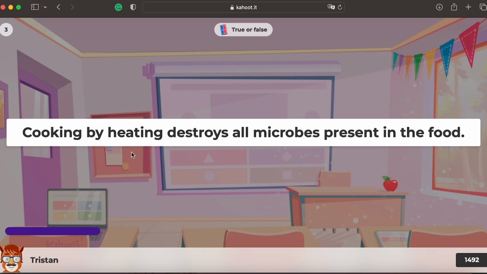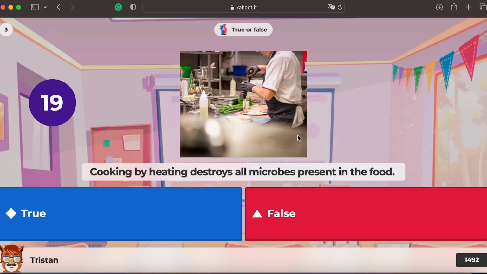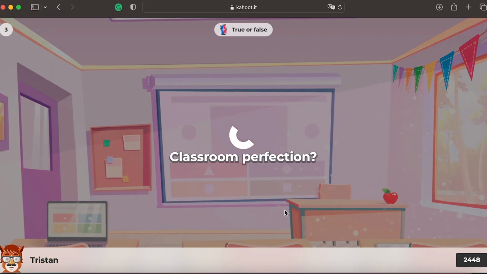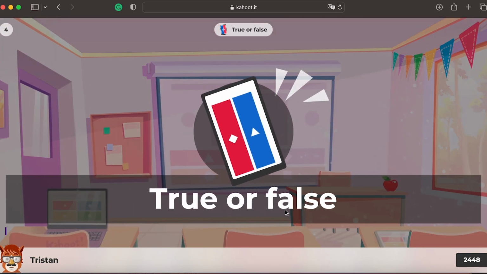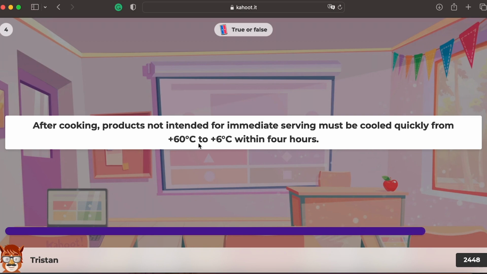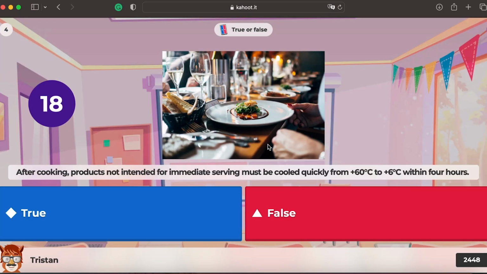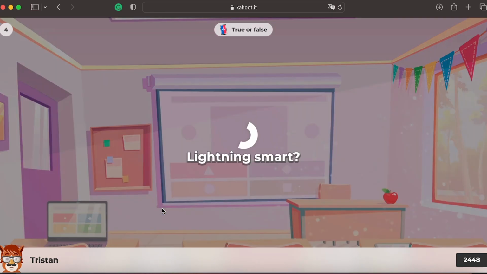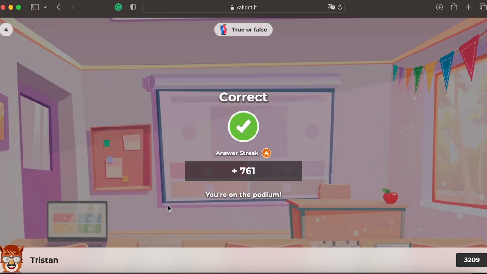Number three, cooking by heating destroys all microbes. Not all. After cooking, products not intended for immediate serving must be cooled quickly from 60 to 6 within 4 hours. It sounds like true.